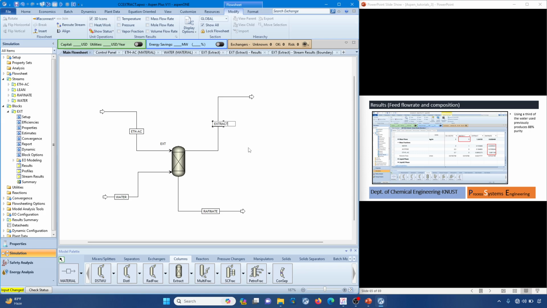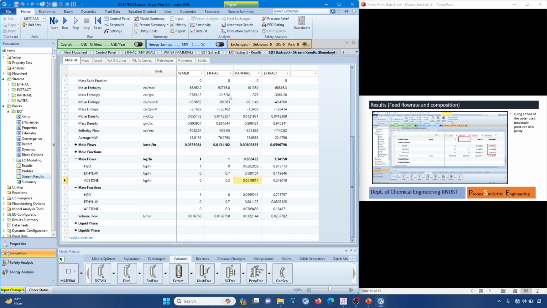This should be the extract, where most of the water goes. We can come back to our results. And then we see that most of the acetone flows with the water now. And we have the ethyl acetate being recovered in the raffinate stream with 88% purity.